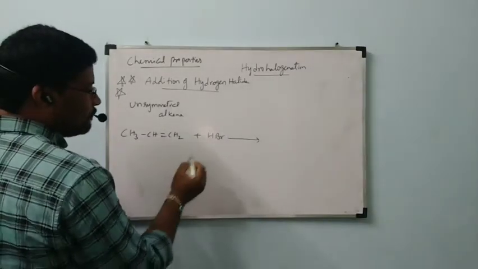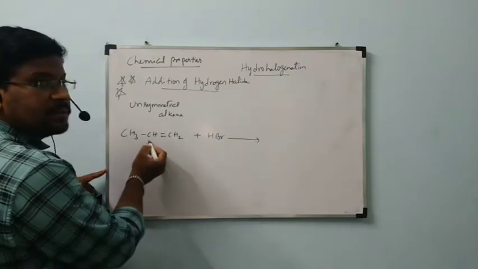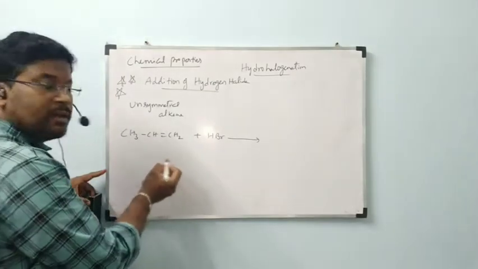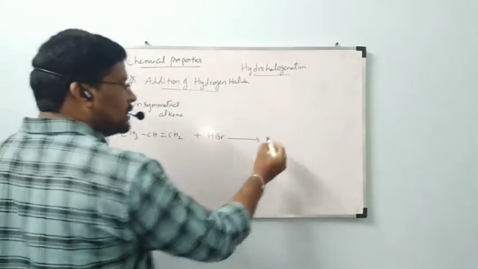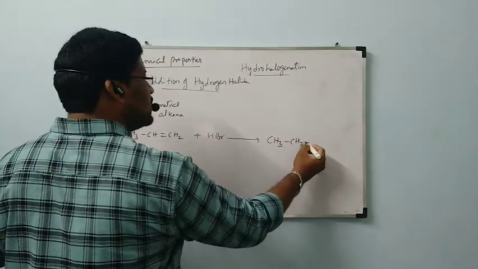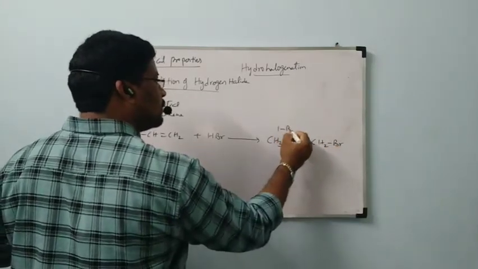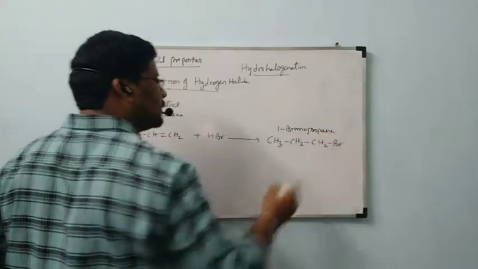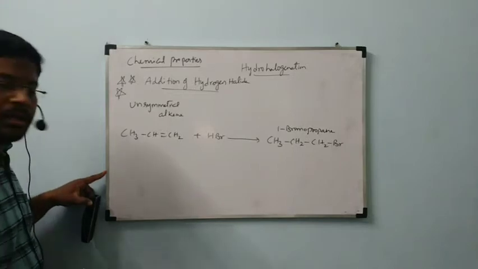First possibility, Br is added to the first carbon, H is added to the second carbon. Then we will get CH3CH2CH2Br, 1-bromopropane.